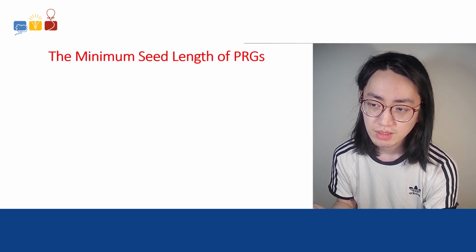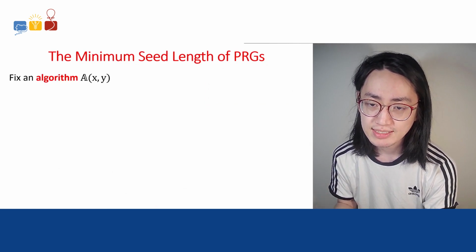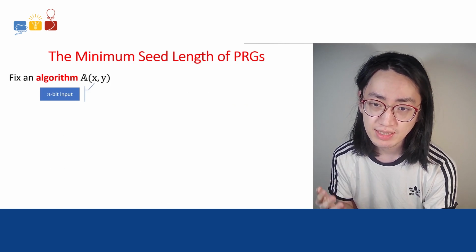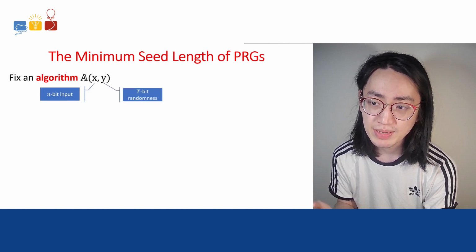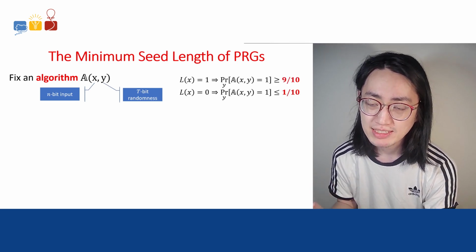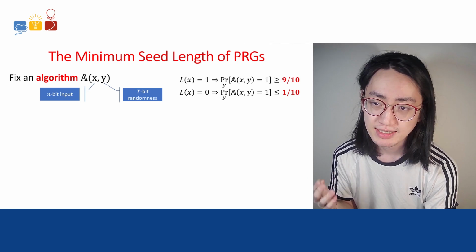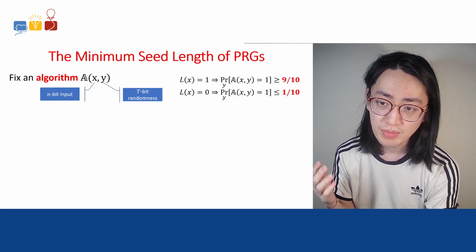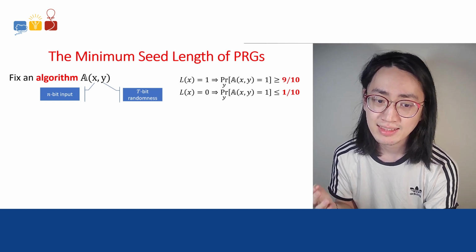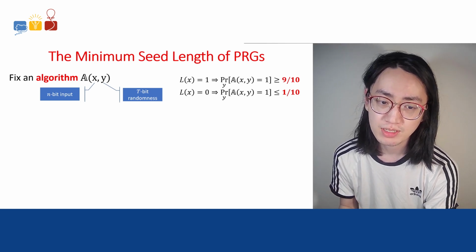Formally, we have an algorithm A such that the algorithm A first takes an n-bit input x and then takes t bits of randomness. And the requirement is that if the answer for x is yes, then the acceptance probability of A on x is at least 9/10. Otherwise, it's at most 1/10.